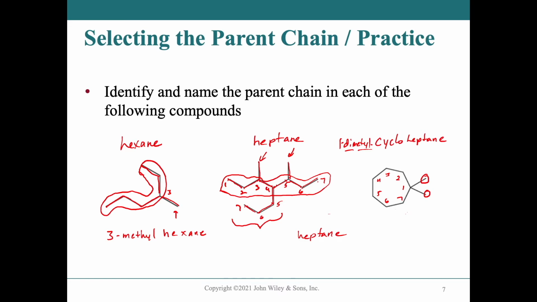And these are both symmetrical, so you can start at either side here. So it would be 3,5-dimethyl.